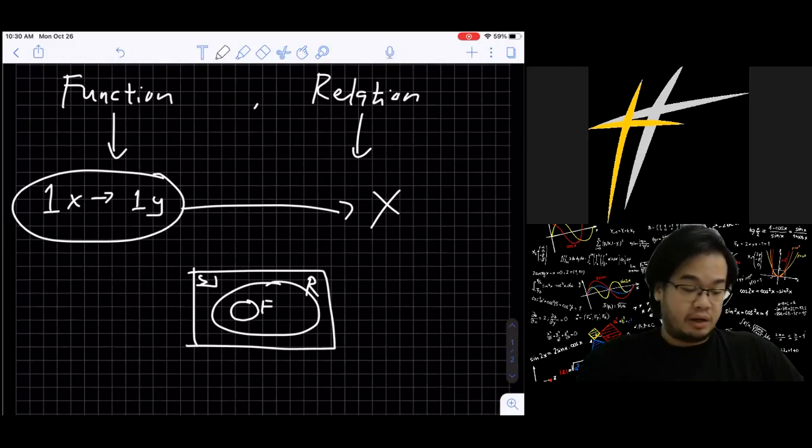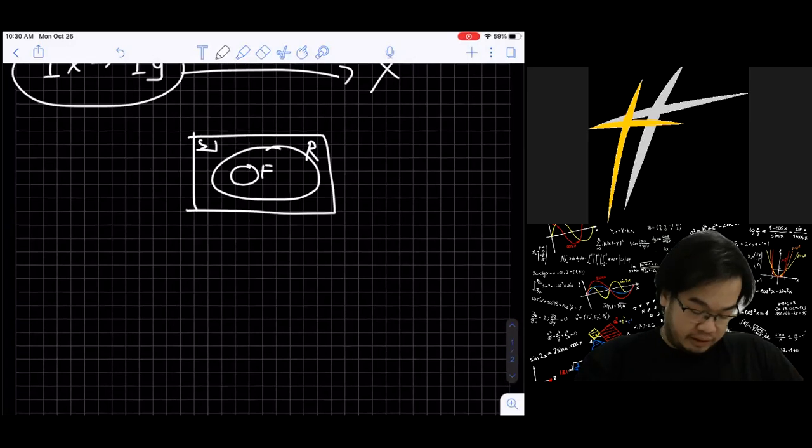Now, if you open your book, I'm gonna read it from page 169. If y equals some function of x, such as y equals x squared plus sine x, then there is said to be an explicit relation between x and y. The word explicit comes from the same root as the word explain.